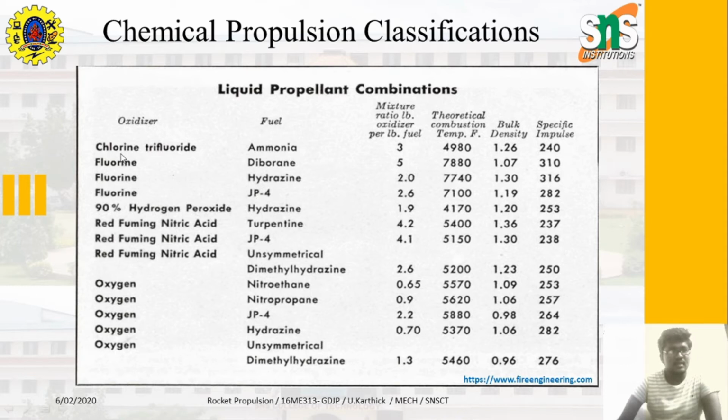Listen: chlorine trifluoride with ammonia as a fuel gives a specific impulse of around 240, but fluorine and diborane give 310. The maximum efficiency is around fluorine as oxidizer with hydrogen as the other, which will give the maximum specific impulse. These are all very important when choosing a fuel and oxidizer for rocket engines.